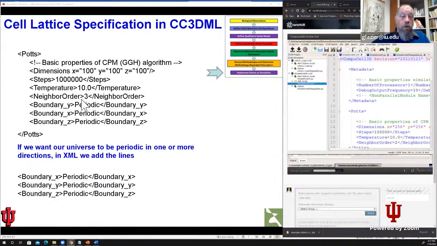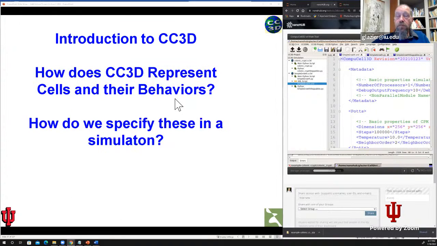And then the neighbor order, which is precisely what we were talking about, this issue of adjacency. Why we need that, we'll talk about in a few minutes. And then the options of having each direction be periodic or not. Typically you don't have to edit that by hand, but if you need to, the tags are fairly self-descriptive.